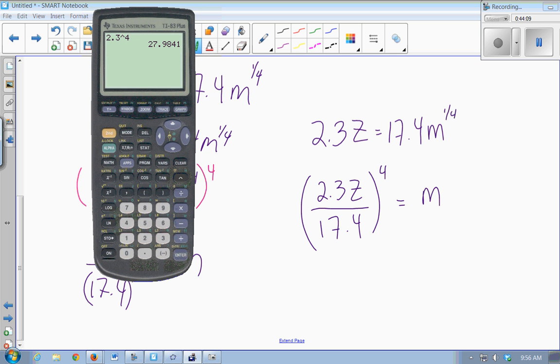So I get 27.9841 Z to the 4th over 17.4 to the 4th.